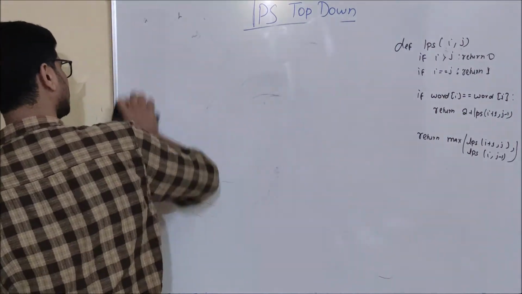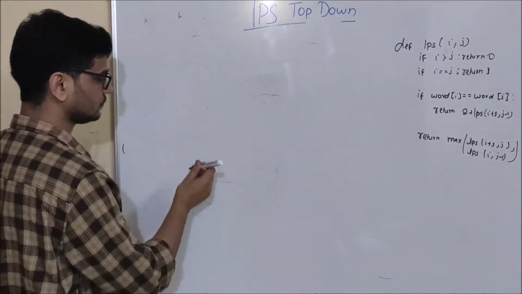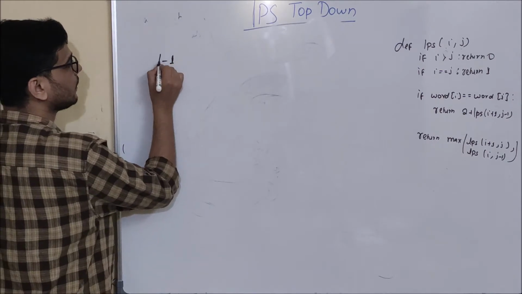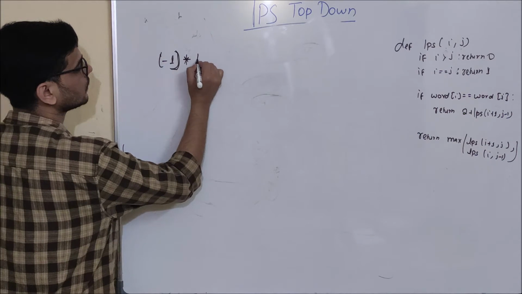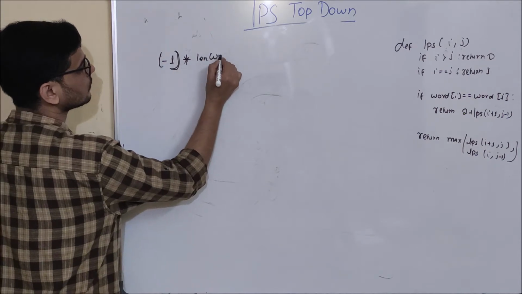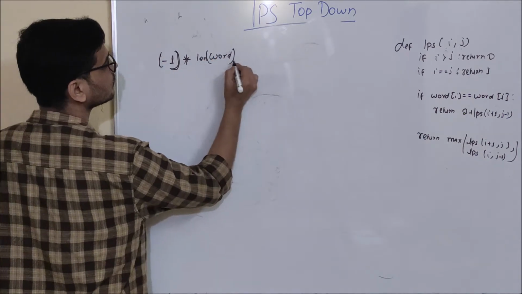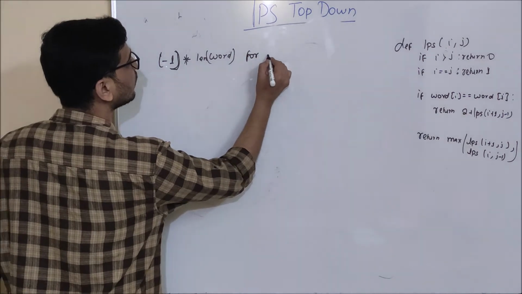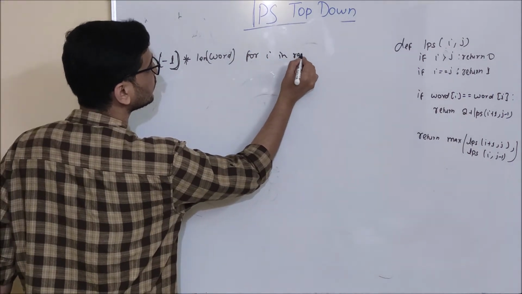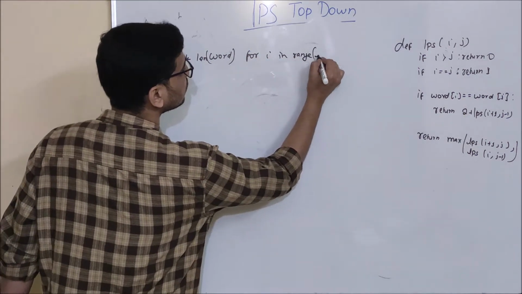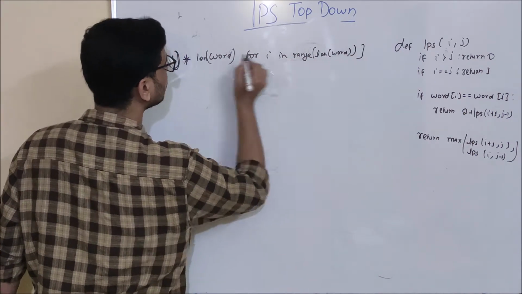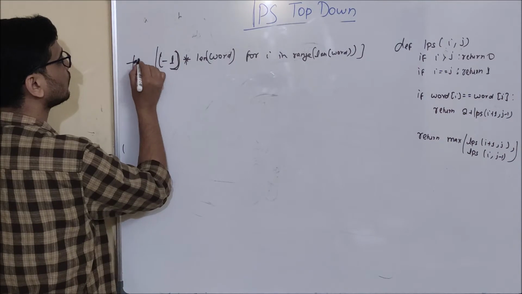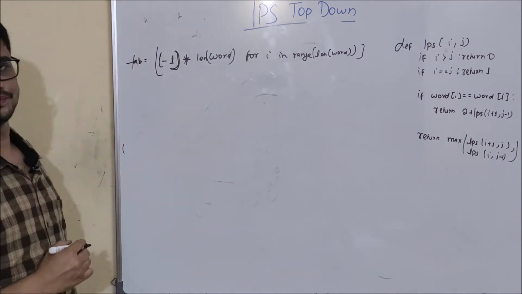Sorry, I will use a nested list comprehension. I am initializing it with -1, for i in range length of word, and this is our table.